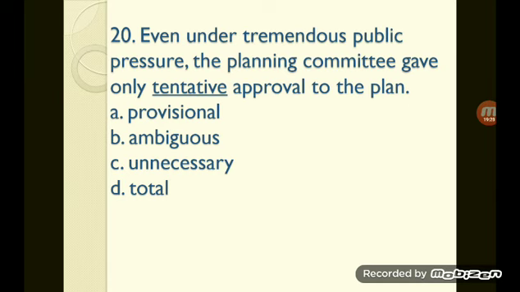It's only this, not all of it. So this is provisional. Tentative approval to the plan. That means it is temporary. It's only temporary. It's not permanent. Had this meant something permanent, they would not have used only permanent.